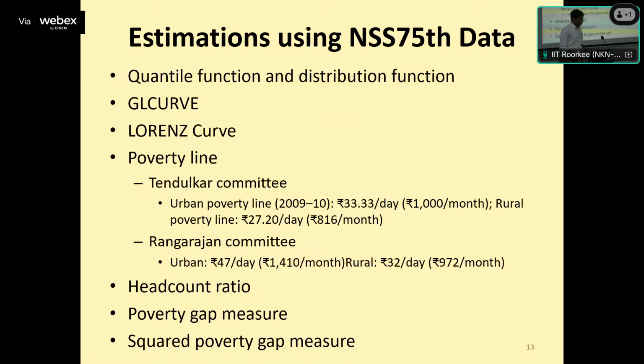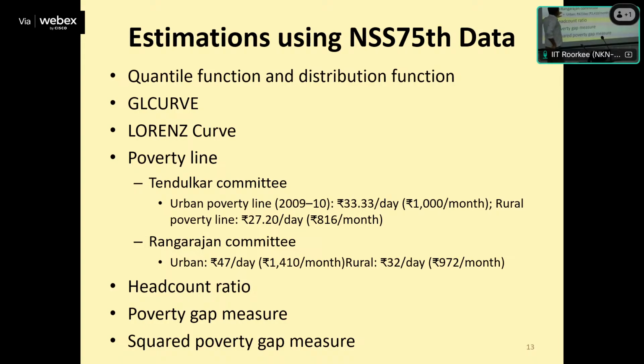Over the last almost 2 days, many concepts related to poverty were discussed by Professor Soman. He has already discussed a bit about quantile functions, distribution functions, then the generalized Lorenz curve, then the Lorenz curve. Then he also talked in detail about the poverty line.